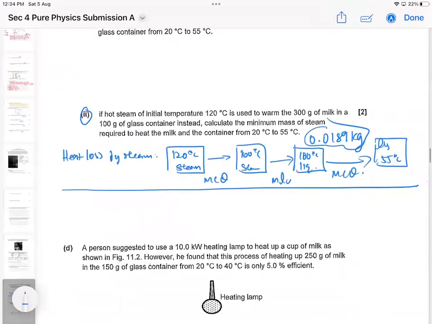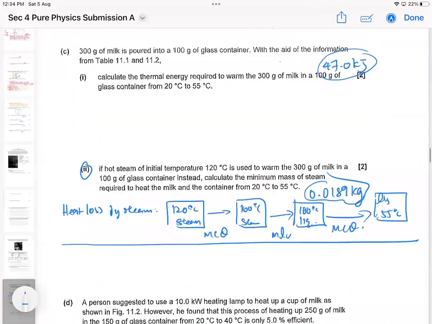So generally, in this case, the heat loss by steam will be equal to this value, which is the heat gain by the cup and the milk itself. So this will be equivalent to 47,000. So let's talk about the m. The m is what we want to find. We don't have it.